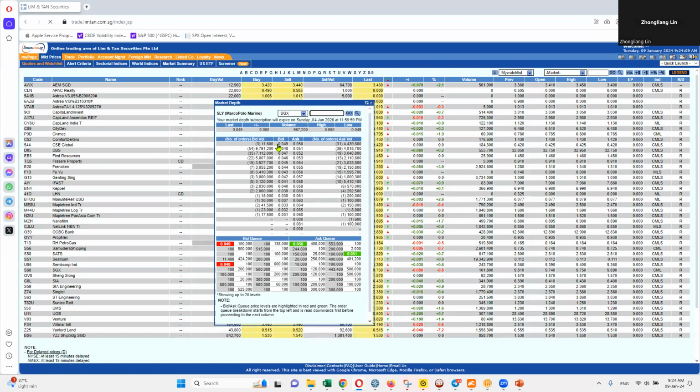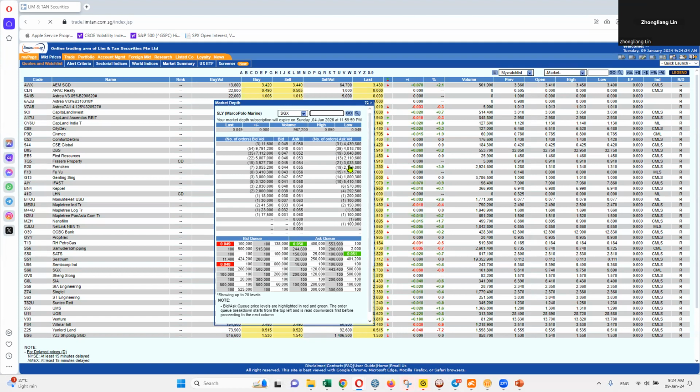And then once they finish their accumulation, they will be looking to push up the shares. So how do they push up the shares? Sometimes you will magically find that the sell queue suddenly becomes very thin, meaning all these numbers reduce drastically.